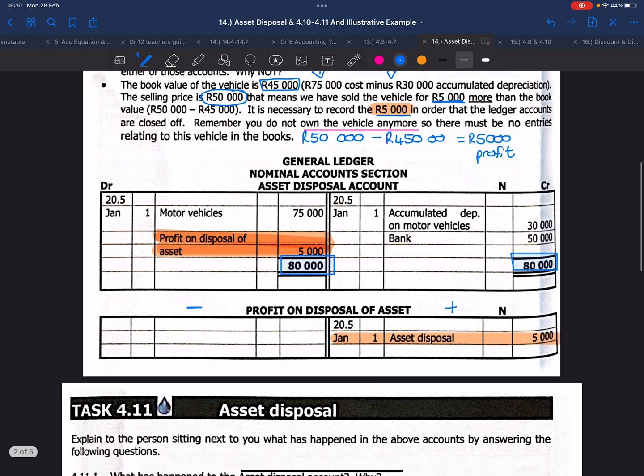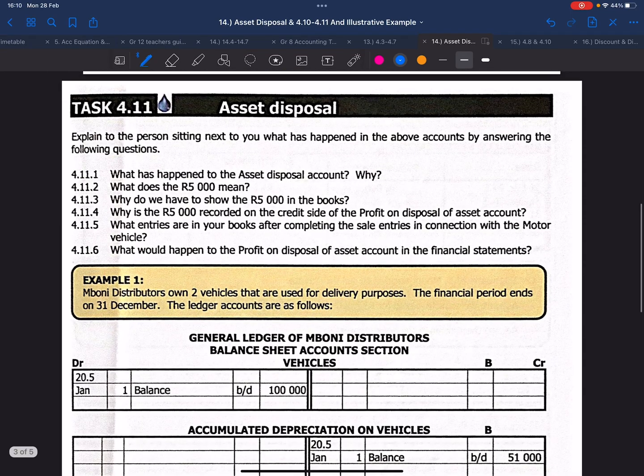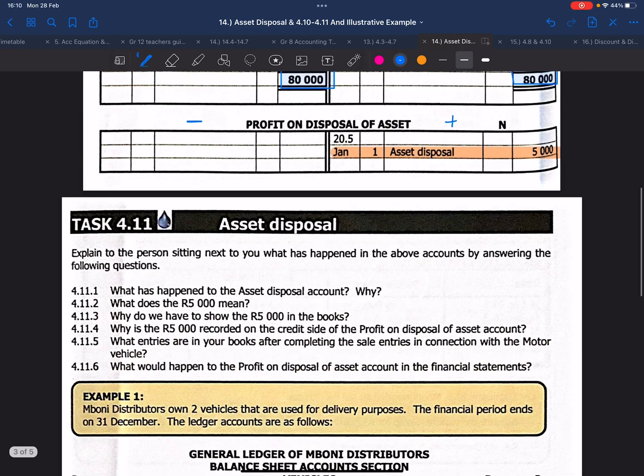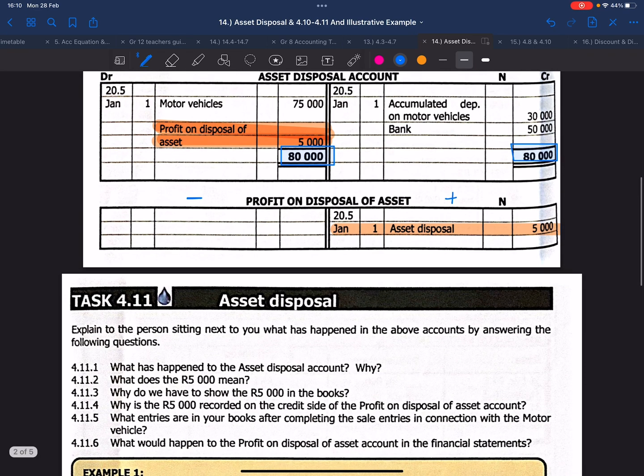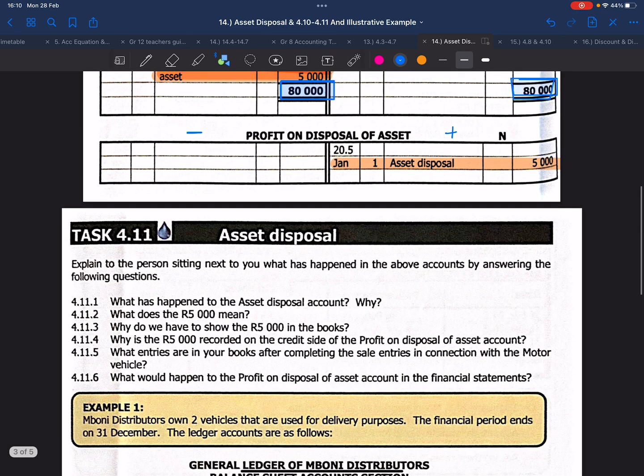Okay, then we can look at 4.11 together. It says, what has happened to the asset disposal account and why? So what happened to the asset disposal account was we balanced it off, we closed it off, so it now has been balanced off. The debits equal the credits because we calculated the profit on the sale of the asset.